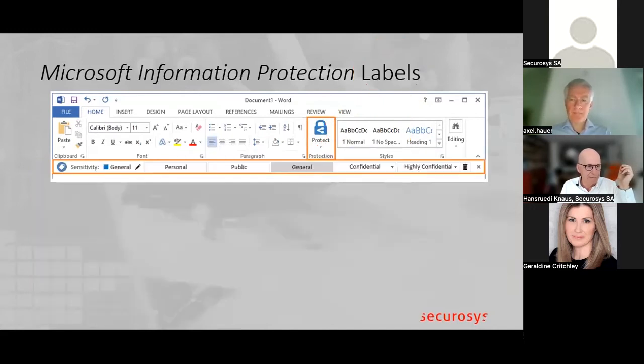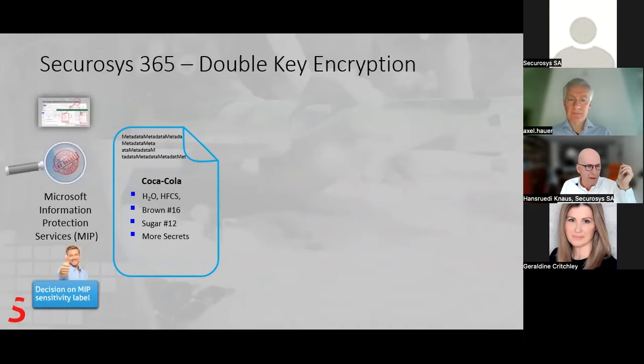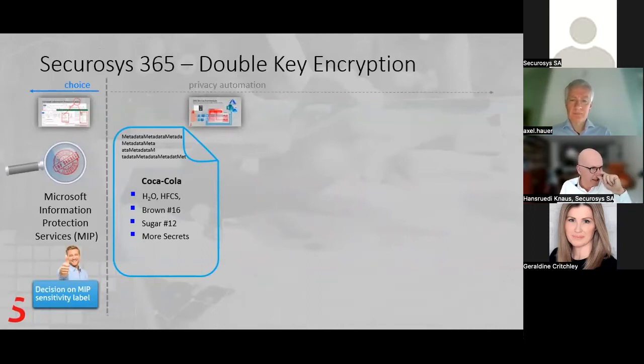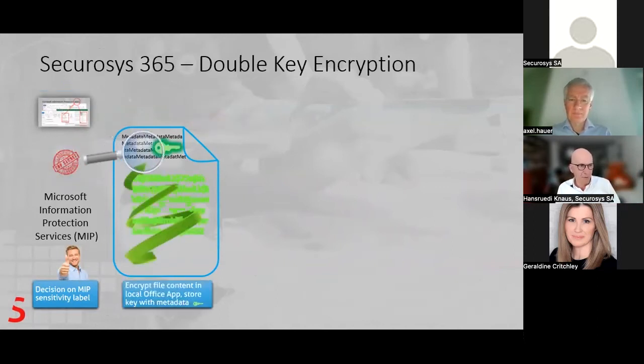If you did that, then we can go on. And the rest is fully automated. So we had that label application, what our users do, and the rest is going to happen by the service, by design. So first of all, a local key, the content encryption key, will encrypt the content of the document, and it will be stored with the metadata.